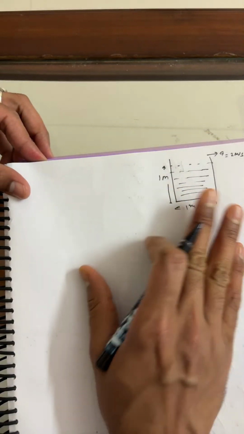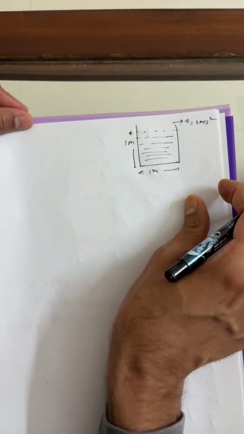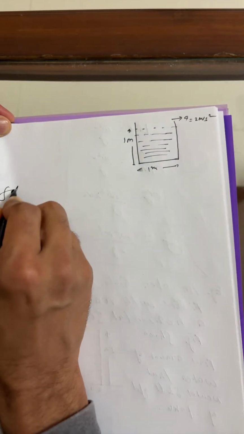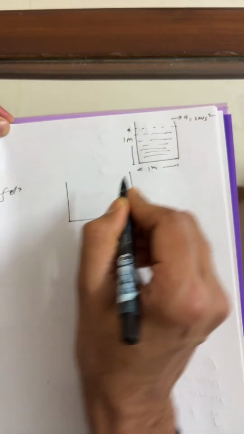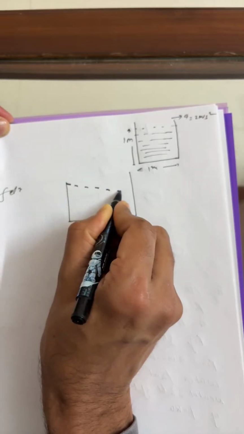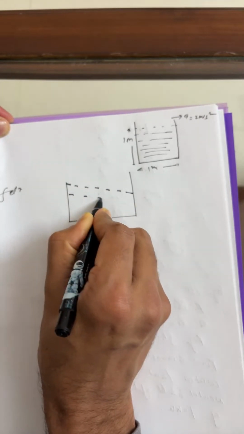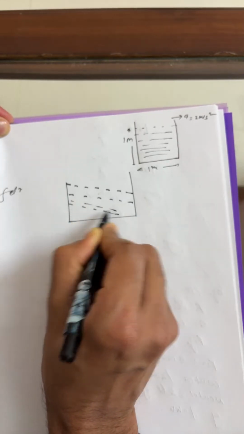This is the initial surface, but the system has acceleration towards the right. You can think like that: this is the final condition of the water surface.